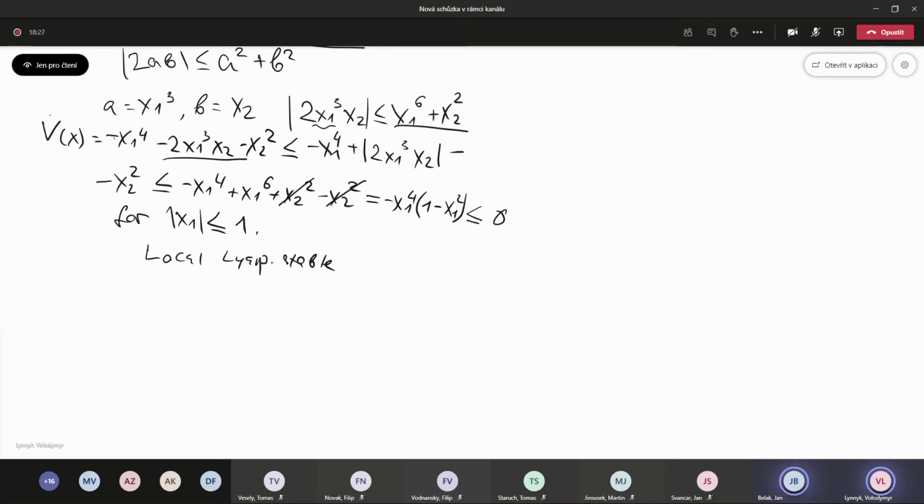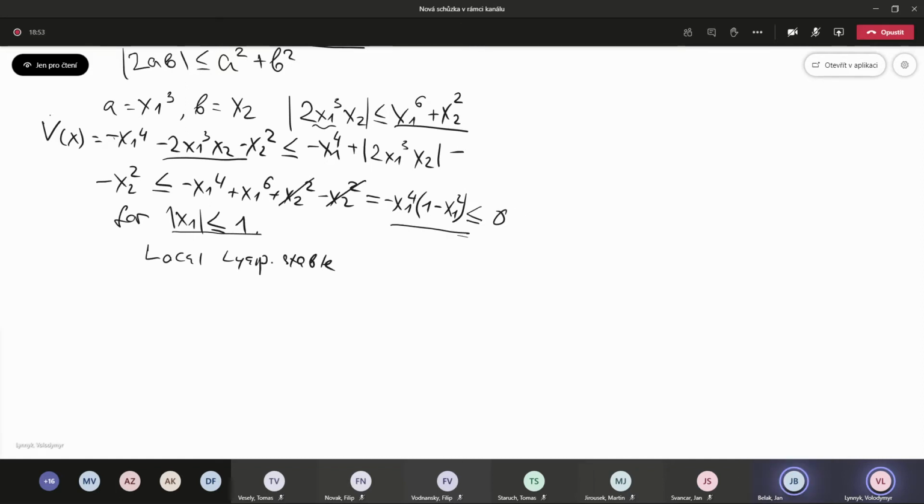But we haven't x2 here, and we can say only that it's local Lyapunov stable near the origin, when the absolute value of x1 is less or equal to 1. Yeah, it comes from this part.